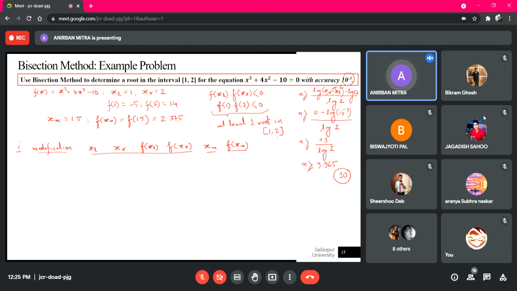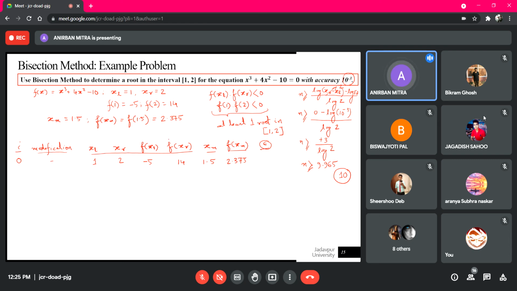You can also calculate the error. So at the initial position, the starting point, this is 1, this is 2. F of XL we have calculated as -5. This is 14. From here we have got 1.5 and this is 2.375. I'm not calculating the error, I'll leave that up to you.